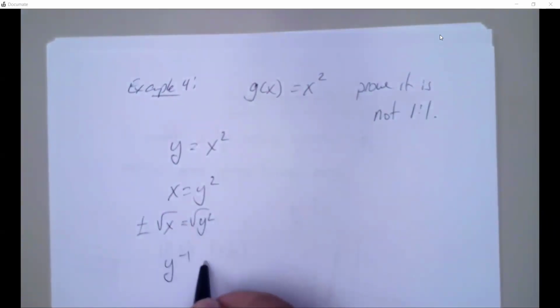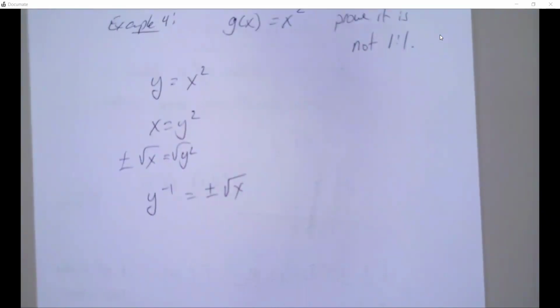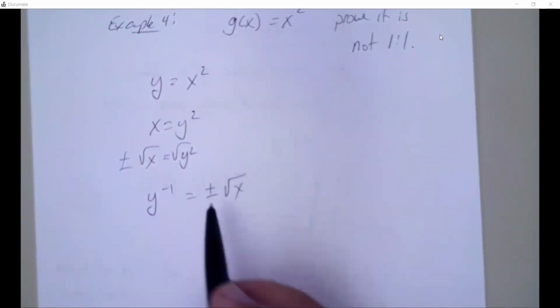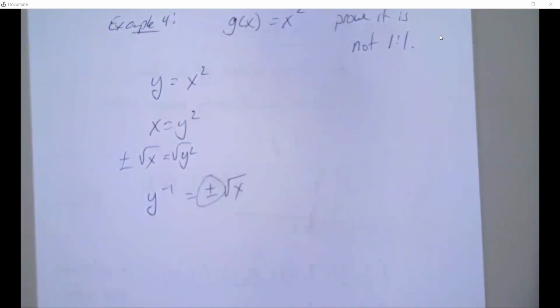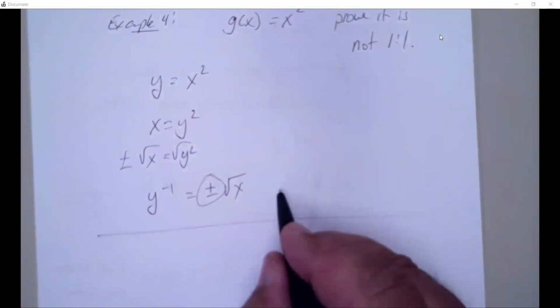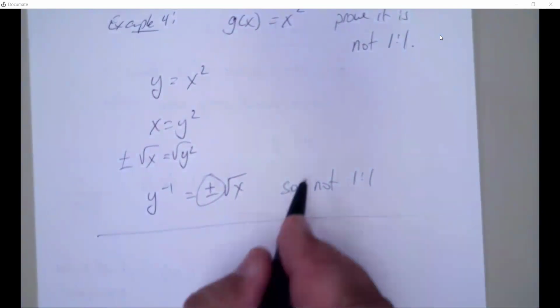So the inverse is y equals plus or minus square root of x. And there you have a problem, because it's not 1-to-1. This one has two solutions, one positive and one negative. So it's not 1-to-1 because it has two solutions.